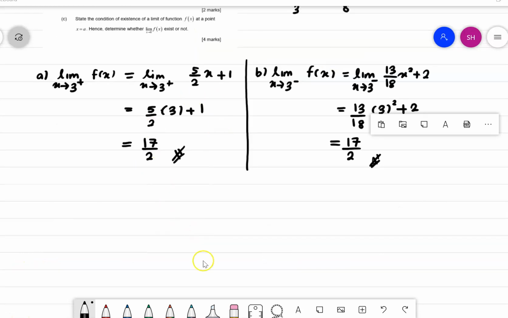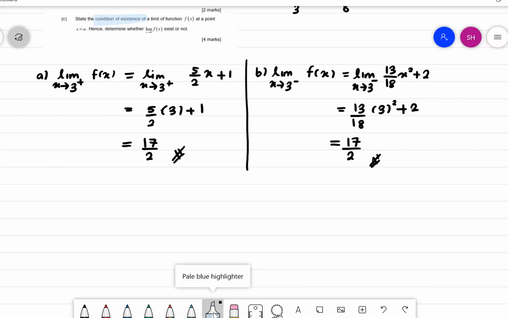Okay, for 2c, the question asks to state the condition of existence of a limit of a function at a point x equal to a, and hence determine whether limit of f(x) as x approach 8 exists or not.